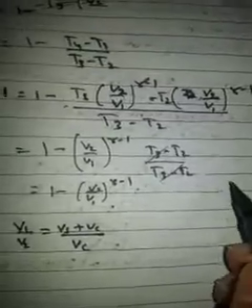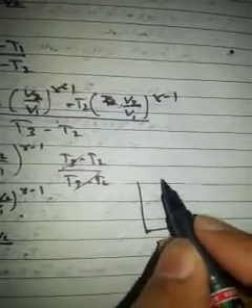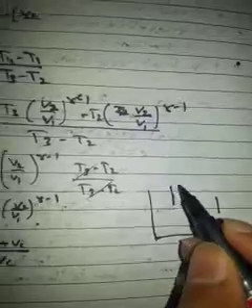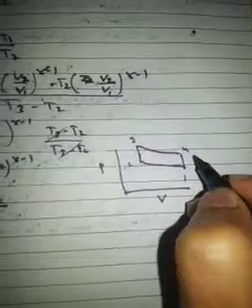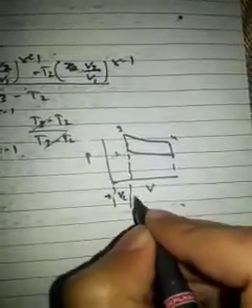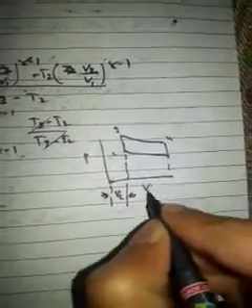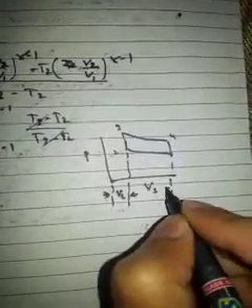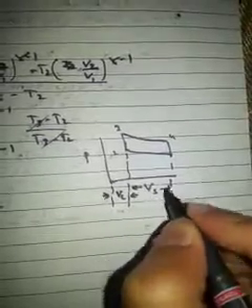In the PV diagram, with points 1, 2, 3, 4, this is Vc and this is Vs, the swept volume.